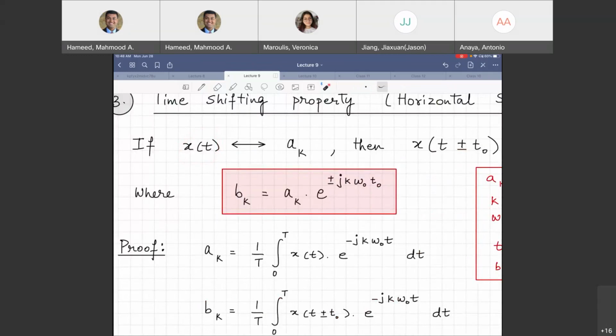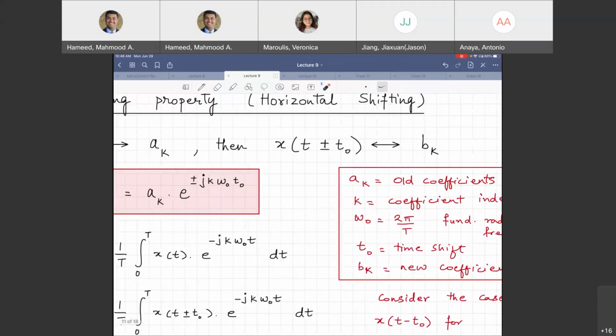That's your periodic signal, with Fourier series coefficients a_k. Then we are shifting x(t). In one case, we are delaying it by t_0. In the other case, we are advancing it by t_0, minus and plus, respectively. The Fourier series coefficients of that, we are calling b_k.